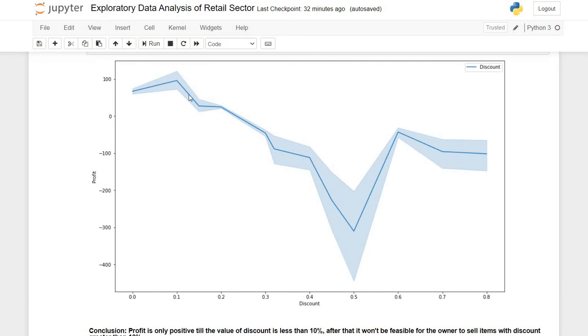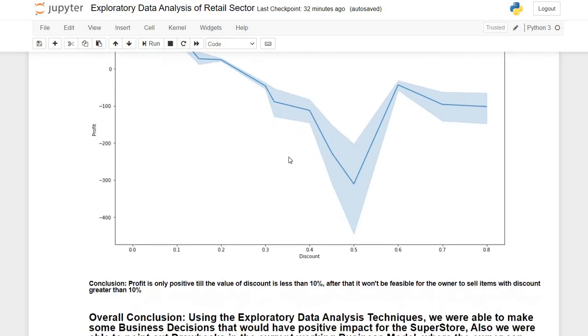After more than 20% discount, the sales owner will definitely suffer loss, and if he gives more than 10% discount, profit is only positive if the discount is less than 10%. After that, it won't be feasible for the owner to sell items with discounts greater than 10%. In general, it would incur loss to the shop owner as well.